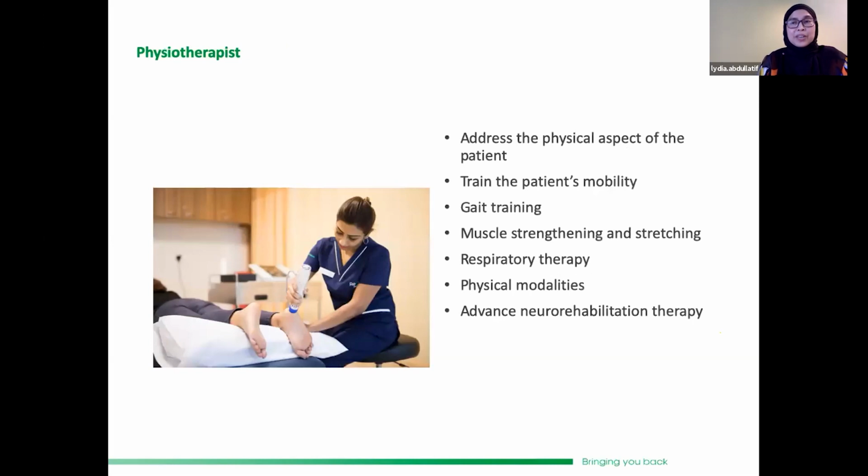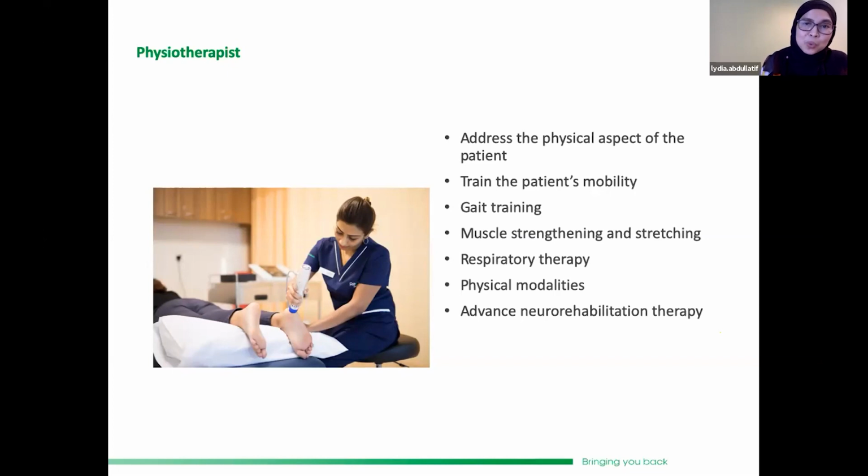Physiotherapists are the ones who address the physical aspect of the patient. They train the patient's mobility: sitting, standing, lying down. They help the patient with gait training or walking training.